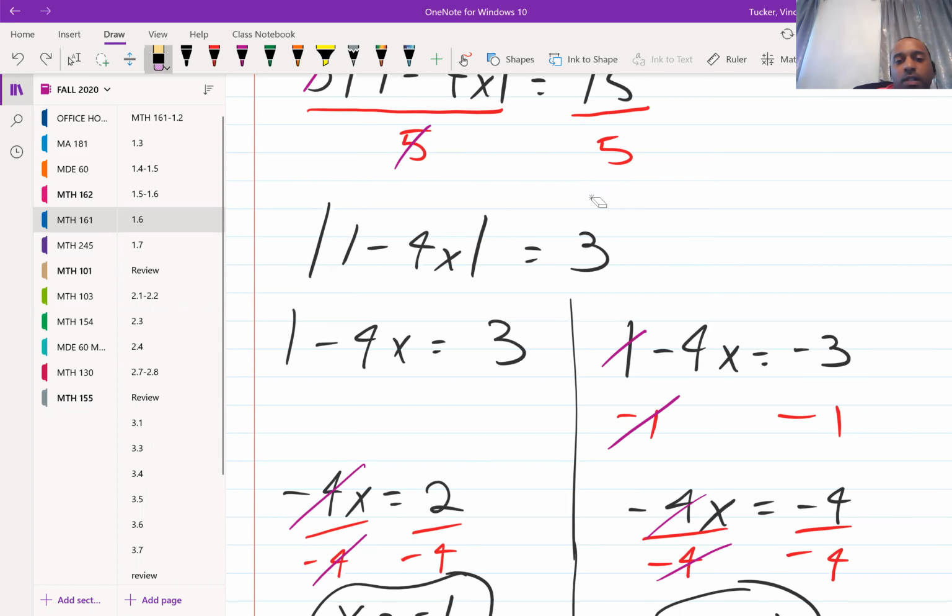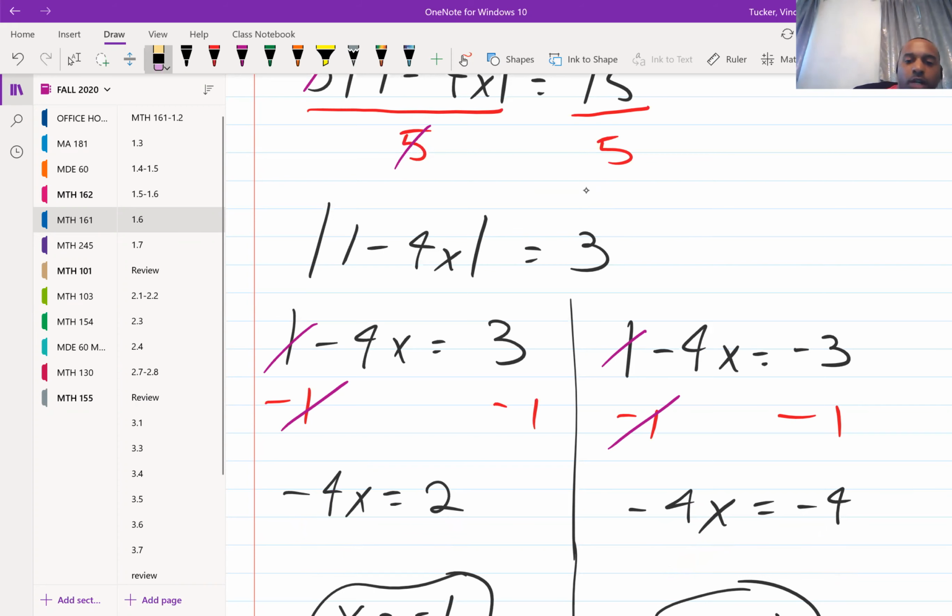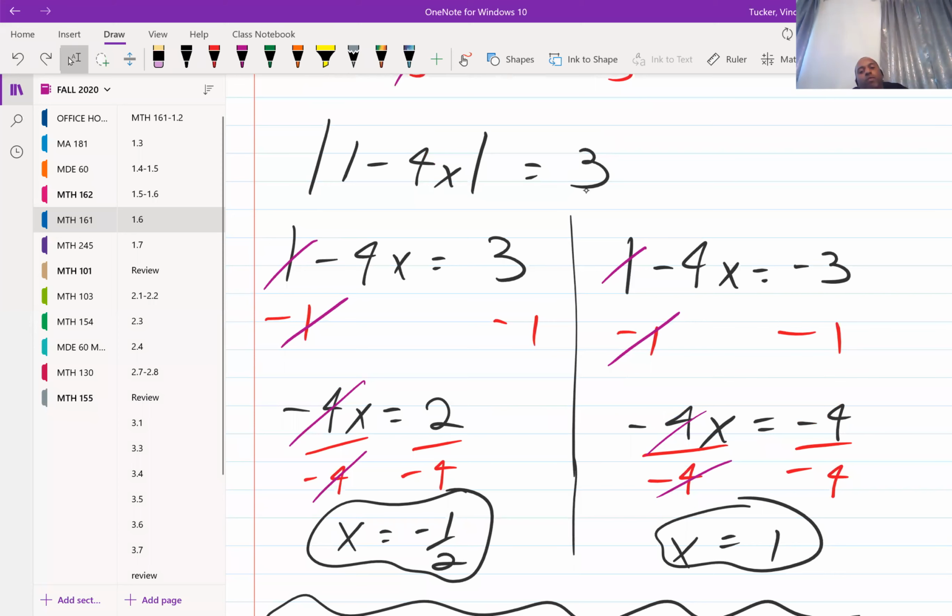Subtract 1 from both sides in both cases. That will result in negative 4x equal to 2 and negative 4x equal to negative 4. Then you can go ahead and divide both sides by negative 4. And the results will be x equal to negative 1/2 and x equal to 1.